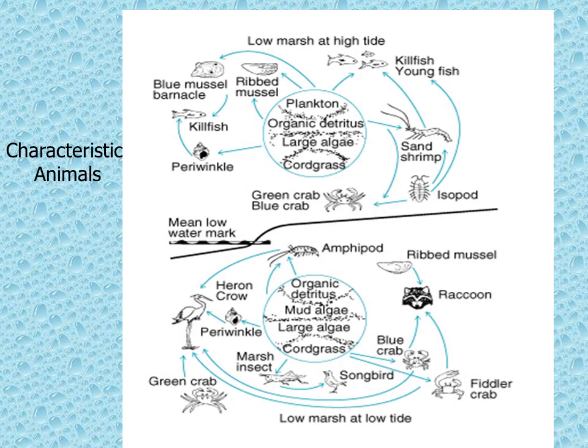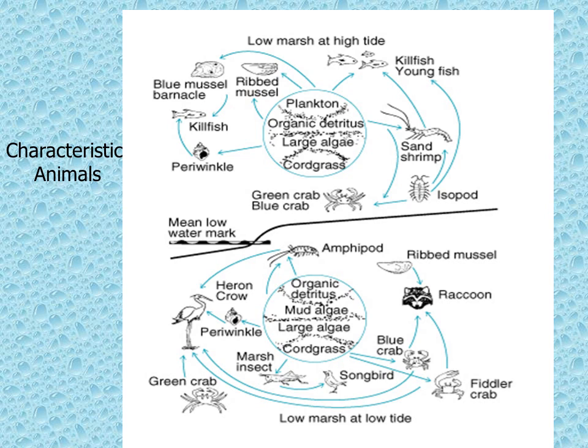But then when the low tide happens and the water gets really, really low, you see an entirely different group of organisms coming in. And the ribbed mussels will always be there. The amphipods will always be there. But you got a lot of insects. You have a lot of mud algae. You have a lot of blue crabs and fiddler crabs.